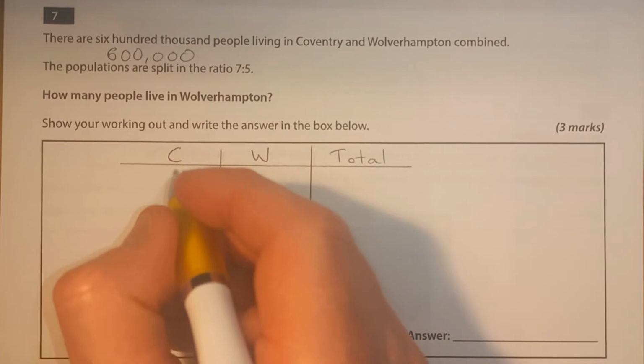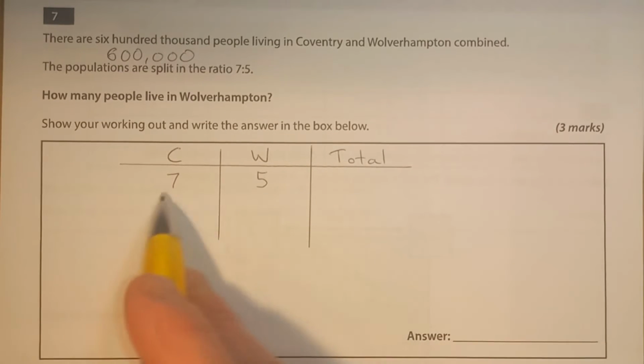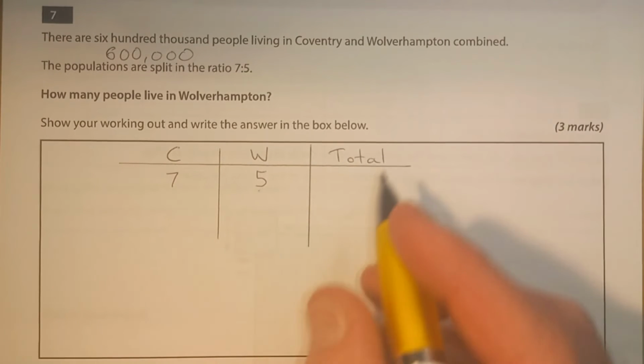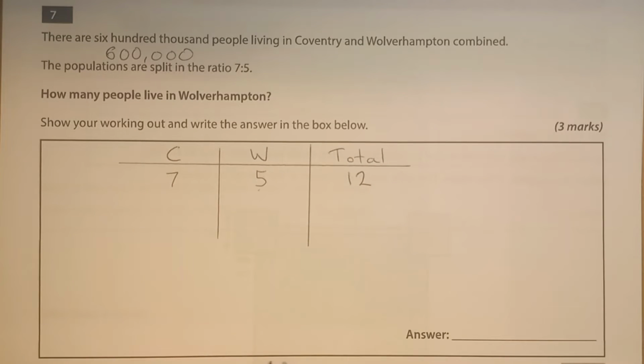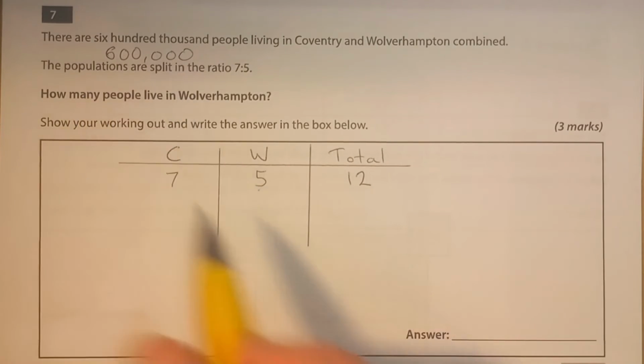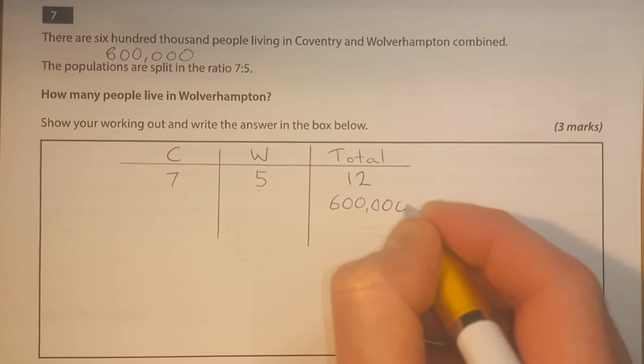So the ratio is 7 to 5. If that's all we had, then the total would be 7 plus 5, which is 12. In fact, what they're telling us is the total is actually 600,000.